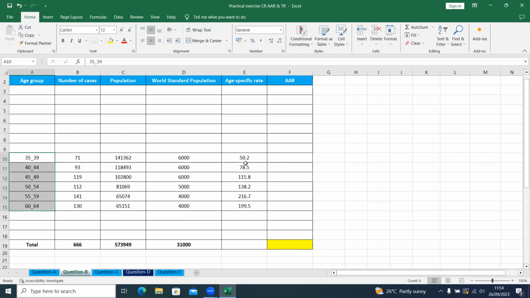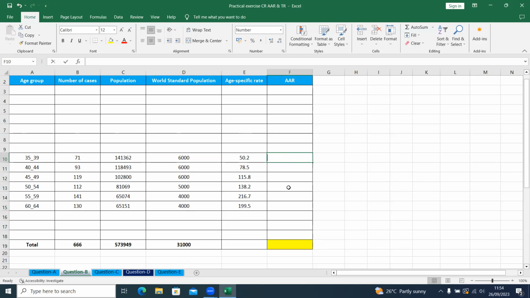Here I have already calculated the age specific rate. Go through this world standard population. The summation of world standard population from the age group 35 to 39 to 60 to 64 is 31,000.